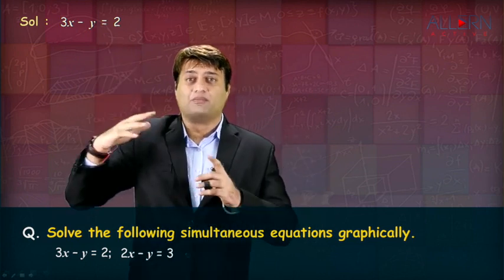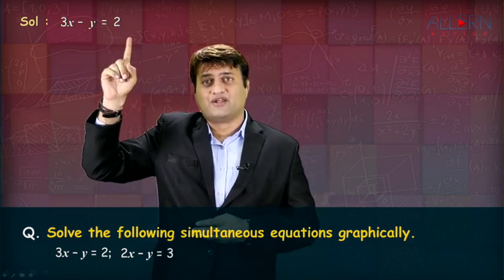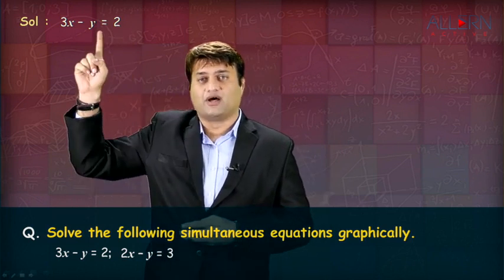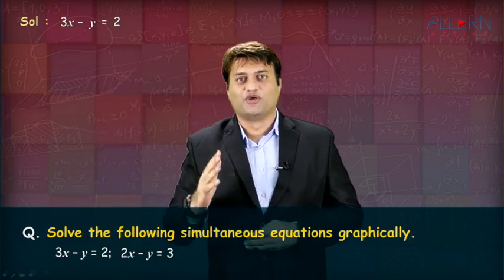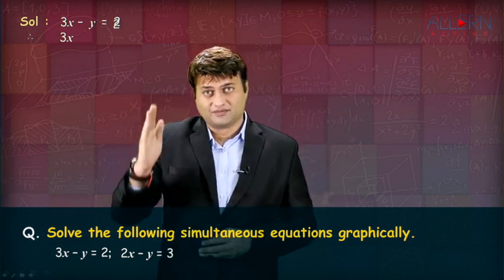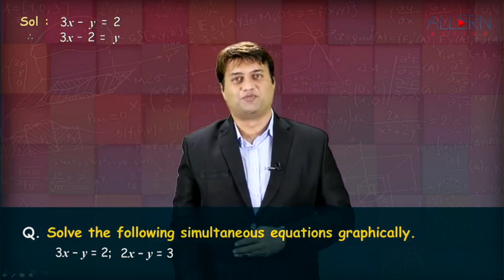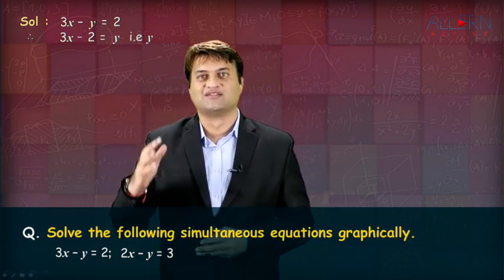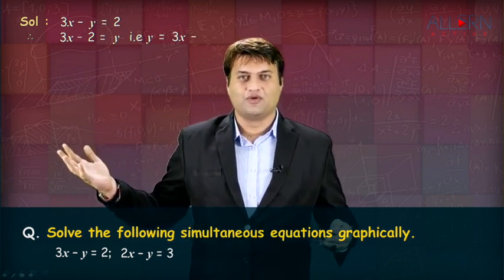Or else, if you remember, we have done a similar sum where in such scenarios we can shift the constant along with the bigger coefficient and y, the smaller coefficient, to the other side, right? So, what we get is 3x minus 2 is equal to minus y goes to the other side becomes plus y, and what you get actually is y is equal to 3x minus 2, right.